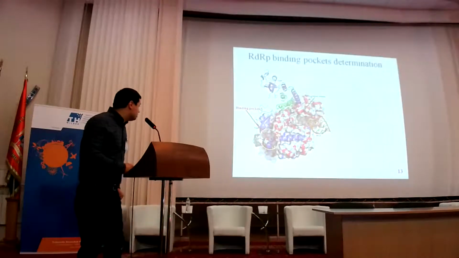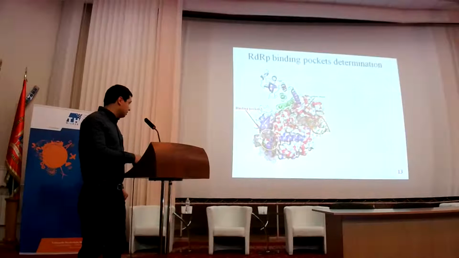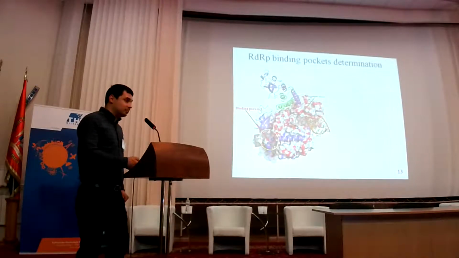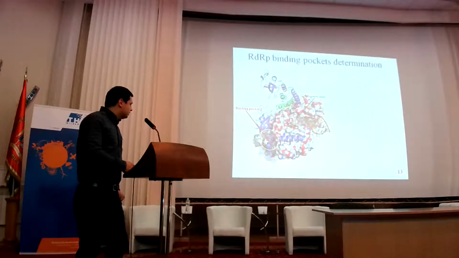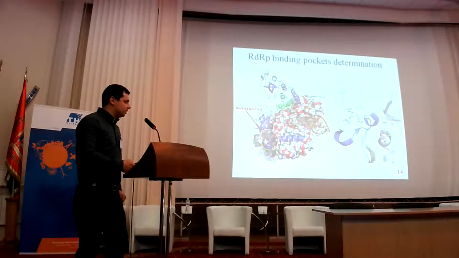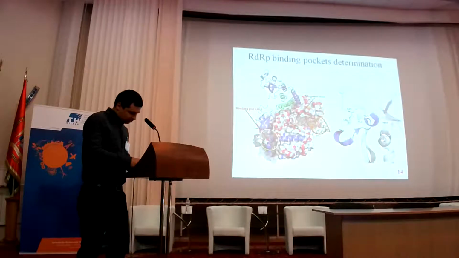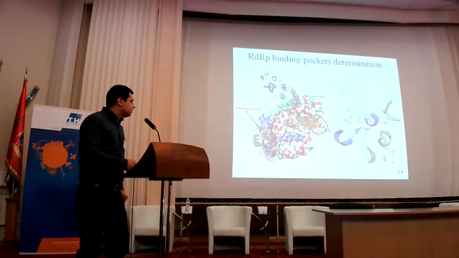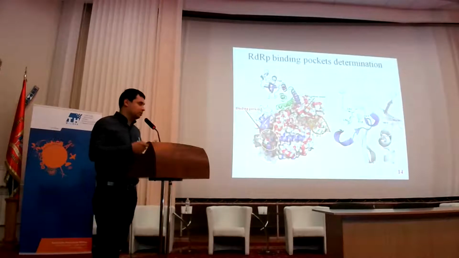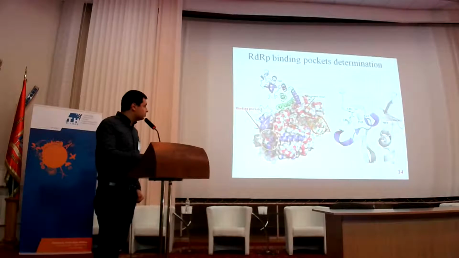The pocket number 3 we selected is also in the binding interface between the non-structured protein and RNA-dependent RNA polymerase. What is interesting about this pocket is that it doesn't contain any amino acid which can create an aromatic cation or any other stacking interaction with carbon-60 fullerene.